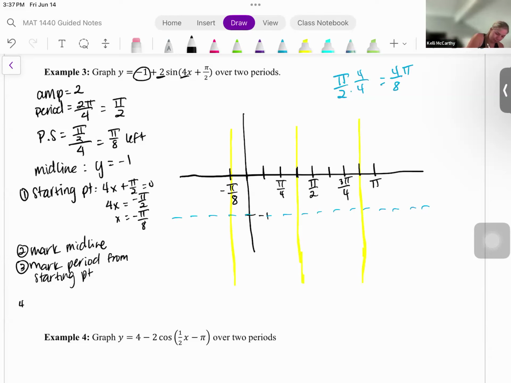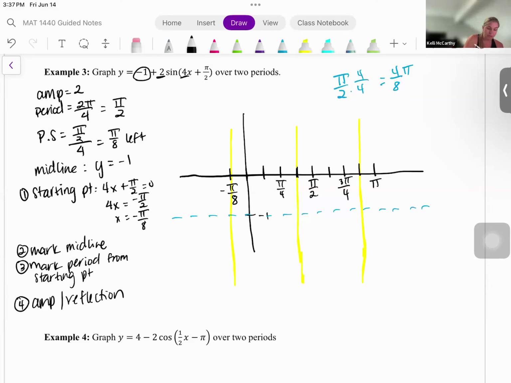Now the next step 4 is our amplitude and reflection. We did not have any reflection, but we did have an amplitude change of 2. So again, we're starting from our midline. That amplitude is the distance from the midline to the maximum.